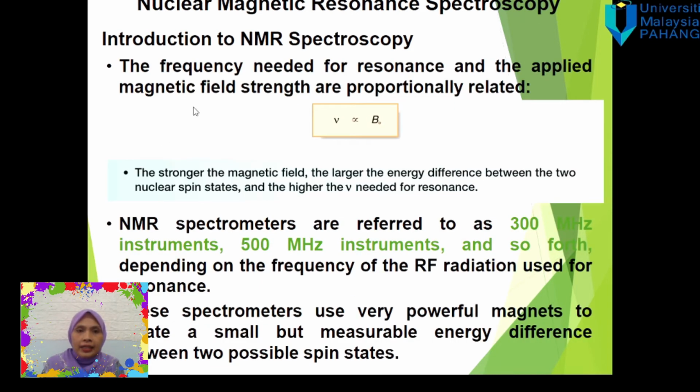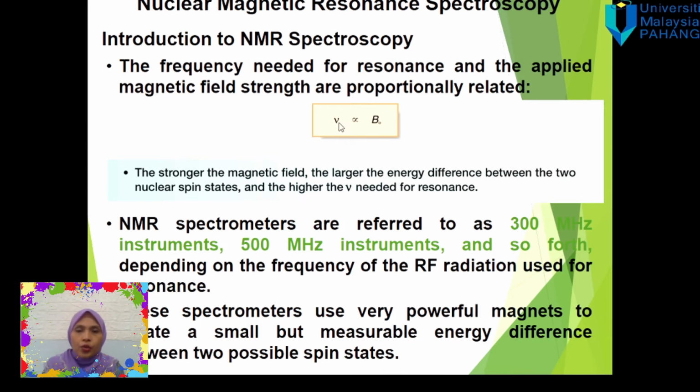The frequency needed for resonance is directly proportional to the magnetic field strength, and the most important things in NMR are the frequency and the B node. Where does the frequency come from? This one comes from radio wave energy. This one comes from the magnetic field itself inside the instrument.